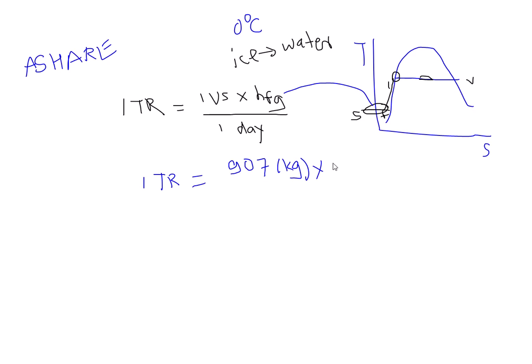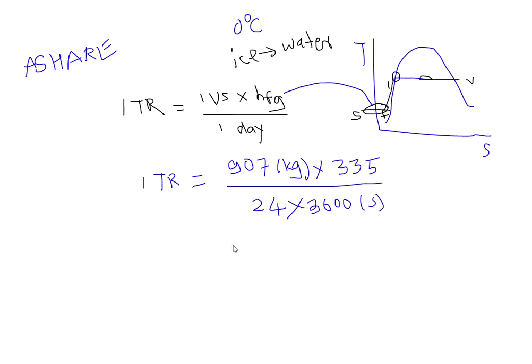So the latent heat of melting is 335 kJ/kg, in 1 day at the same temperature, that is 0 degrees Celsius. So in 1 day there are 24 hours and in 1 hour there are 3600 seconds.